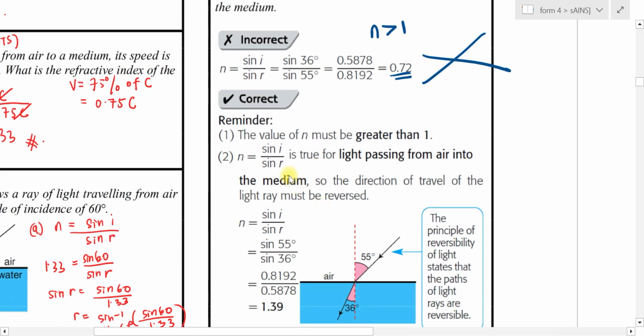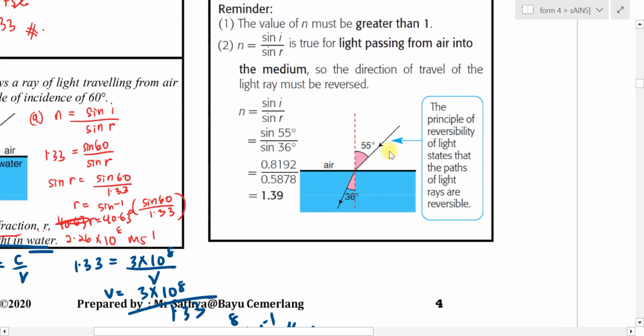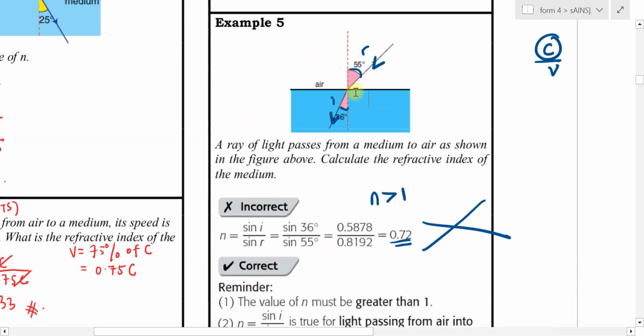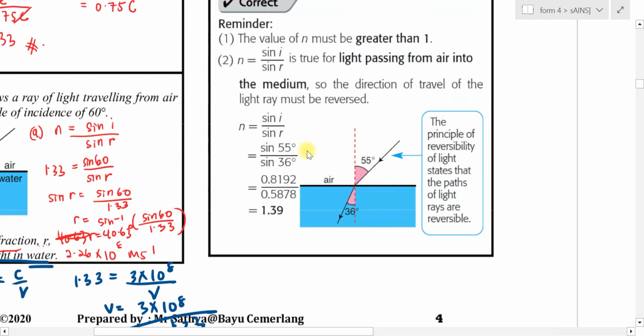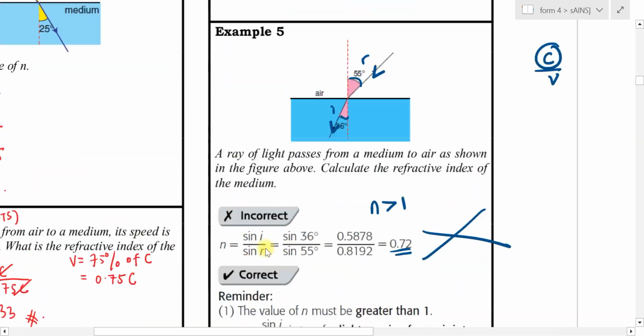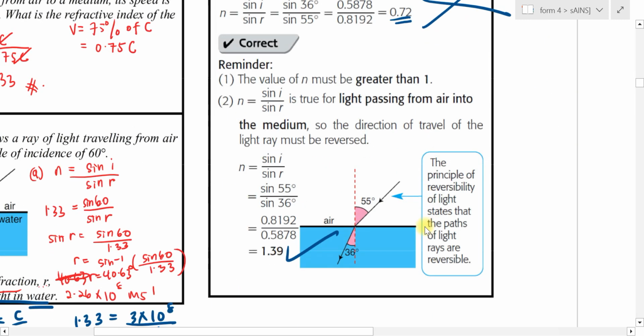The value must be greater than 1, so N equals sin I over sin R is true for light passing from air to the medium, so the direction of travel of the light ray must be reversed. Then I is 55 and R is 36, and you get 1.39. Careful with this type of question. Can you understand?